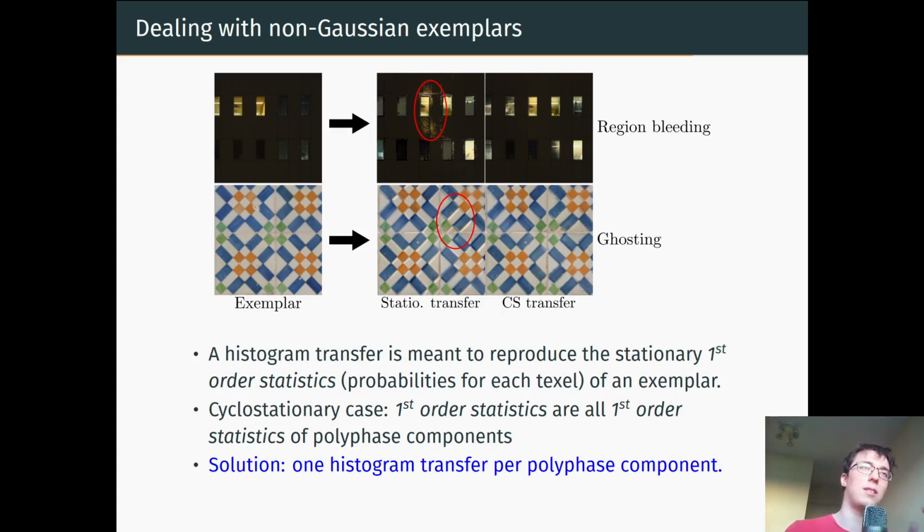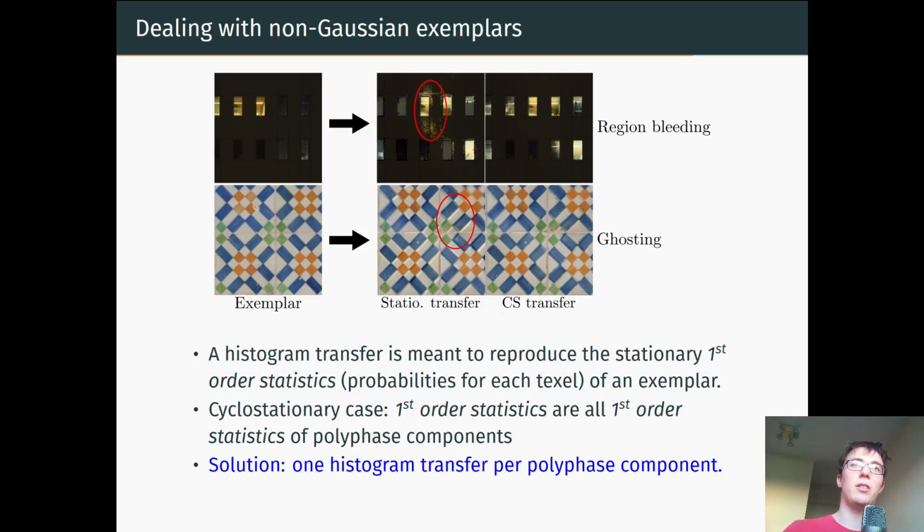Basically, the first-order statistics are the histograms in most cases. However, a lot of textures don't have a Gaussian histogram. An existing technique is to use histogram matching algorithms to better preserve the appearance of the exemplar in the output.